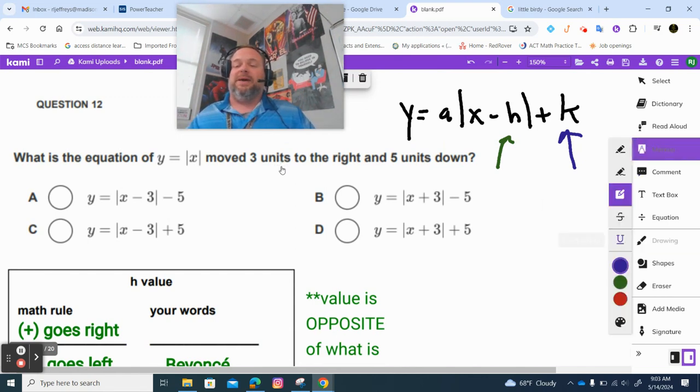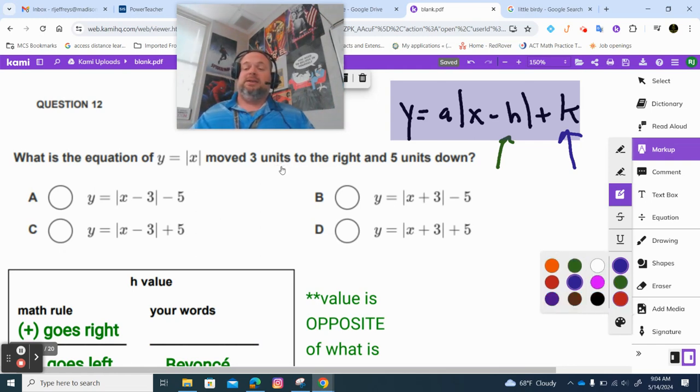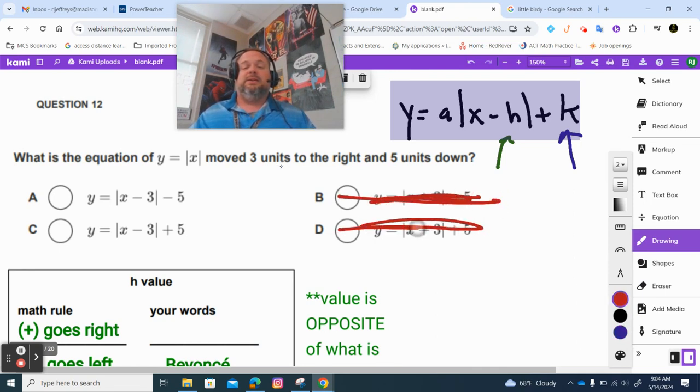Now, think about it. Here's the original equation. It's written as a negative. So if we put a positive in here, it's going to look negative. So let's mark out all these right here that have a positive because we're actually putting in a positive value.